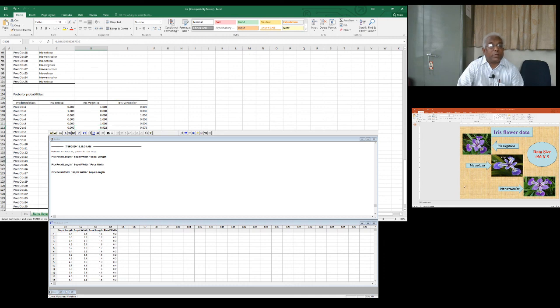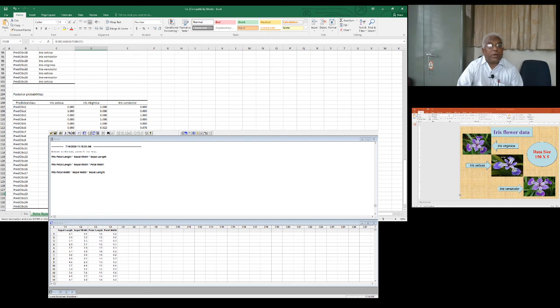See for example here, observation number 14: 44.5% chance that it belongs to virginica and 55.5% chance that it belongs to versicolor. Now here the confusion matrix will play the role. Confusion is quite obvious because the probabilities are quite close to each other.